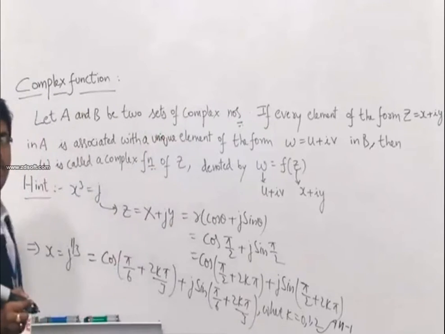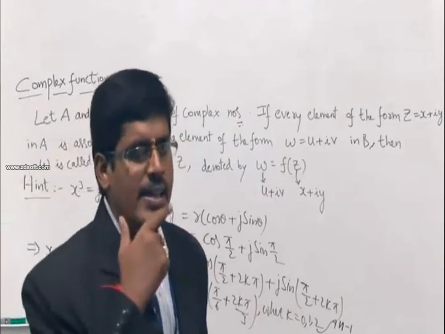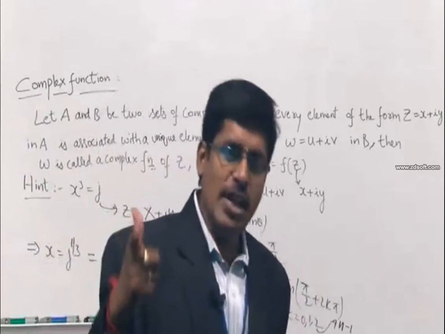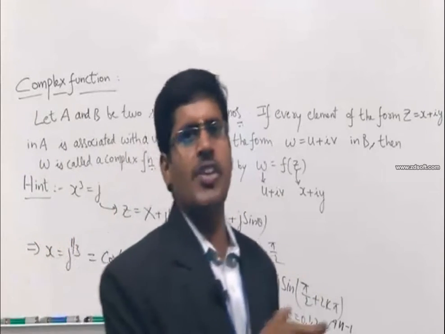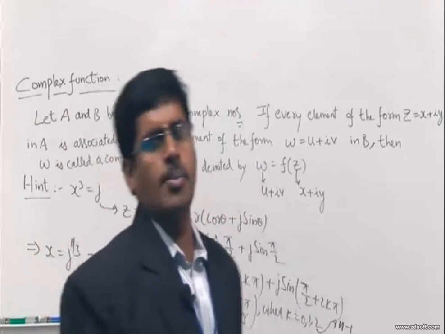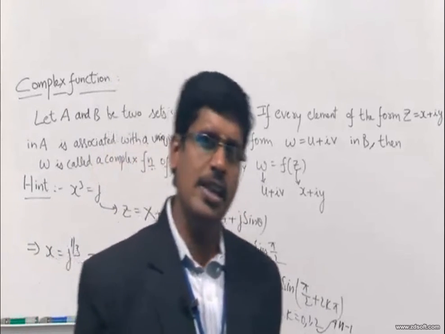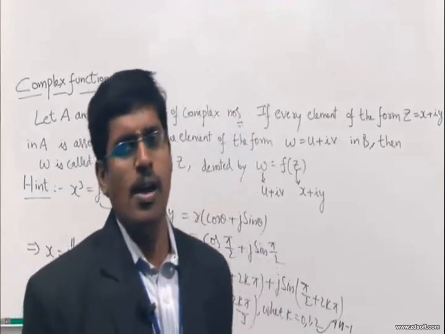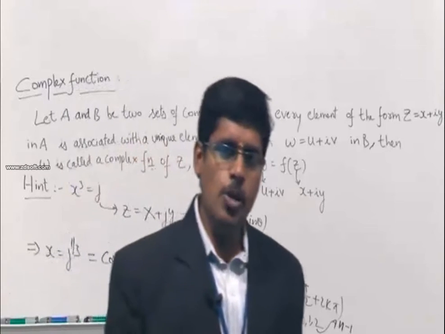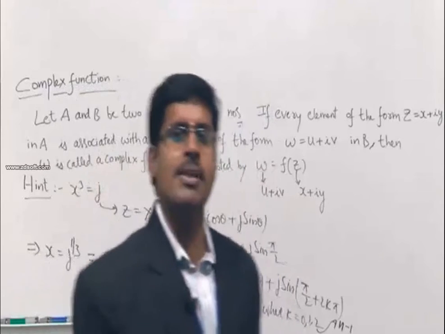Just recall the definition of a function from A to B. A is domain, B is codomain. Every element in the domain A is mapped to a unique element in the codomain B. Then this is called function from A to B. Here that function is complex function denoted by W is equal to f of Z, where W containing two variables U, V, Z containing two variables X, Y. Here two planes, W plane and Z plane. Z plane is the plane formed by real axis X axis and imaginary axis Y. And W plane is another complex plane formed by U axis, U real axis, V is imaginary axis.